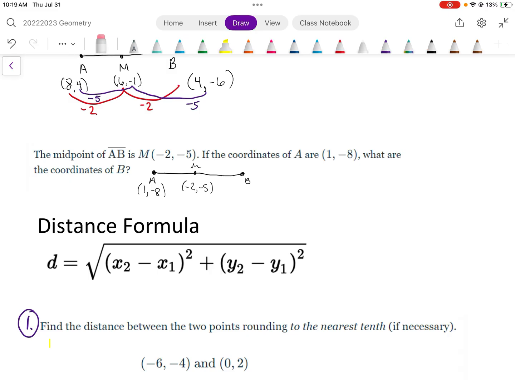I'm going to use a color. So I'm going to go down 3 again. That puts me at -5. Okay, and then you do the y's. -8 to -5, that's going up 3. So I want to go up 3 again. And that is -2. So there's your answer there.